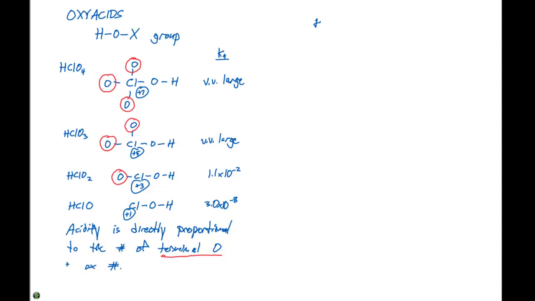So let's look at H2SO4 versus H2SO3. If we draw the structures of each of these, H2SO4 is going to have an SO4 group with hydrogens on 2 of the 4 oxygens. If we look at the oxidation state of the sulfur, it's going to be plus 6.